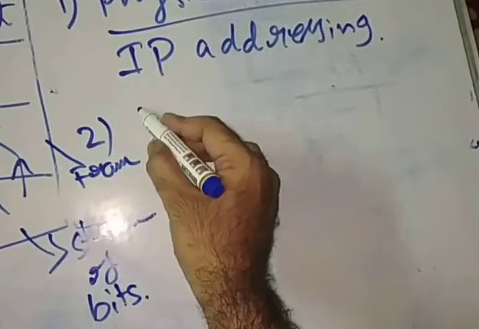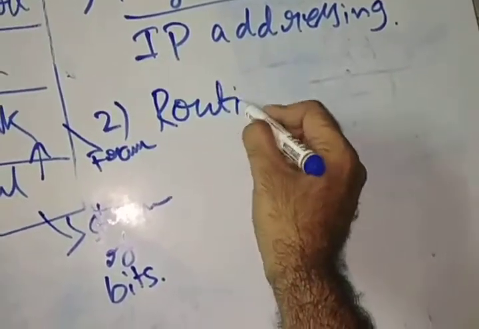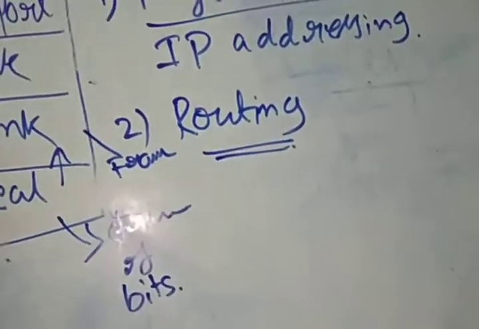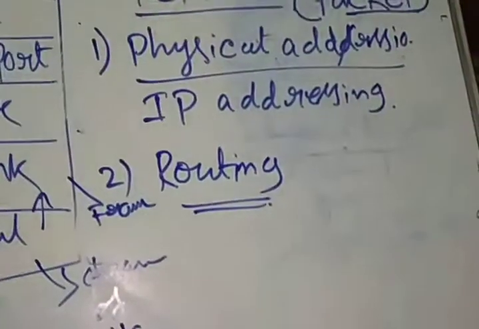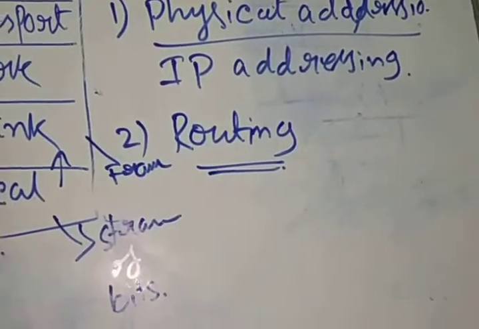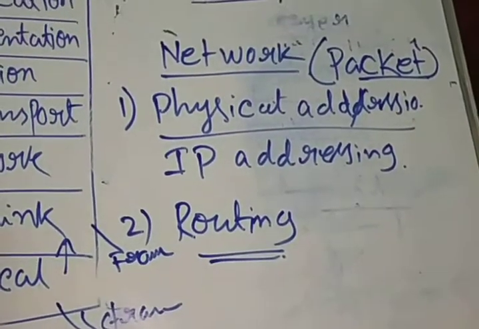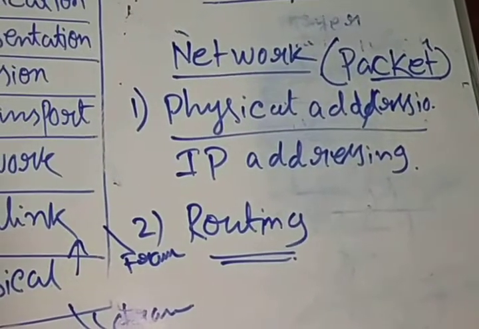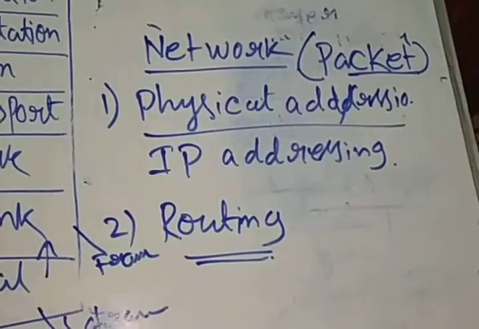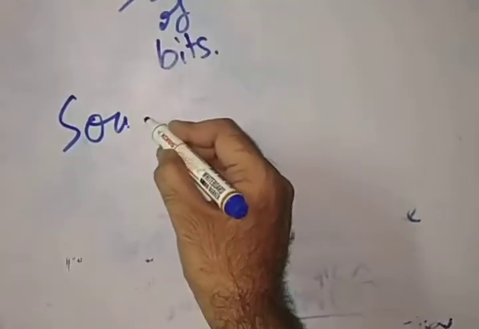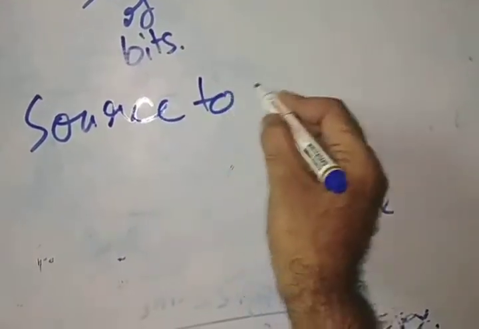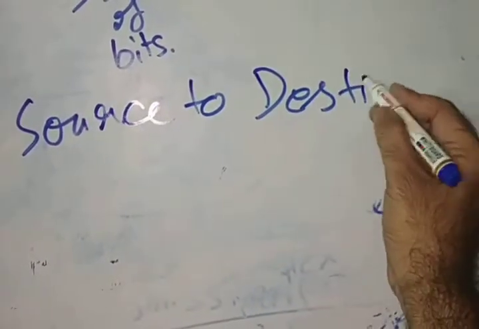And the second function is routing. How the data is routed from one network to another network is looked after by this network layer. The network layer's sending is called source to destination delivery.